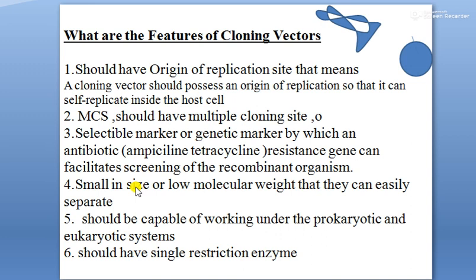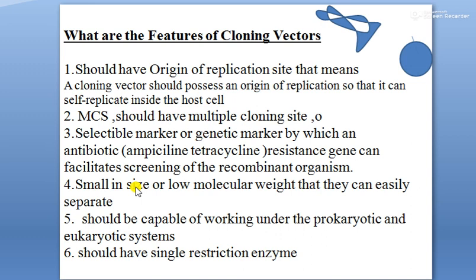And next one, that is small size or low molecular weight, so that they can easily be separated. When we see a small or simple form of DNA, it can be used very easily, right?